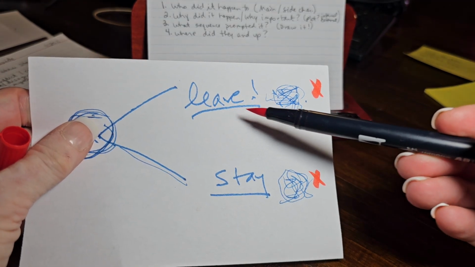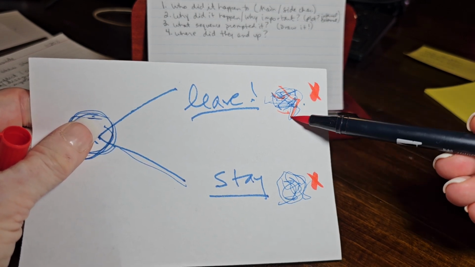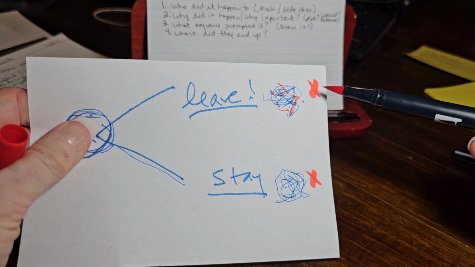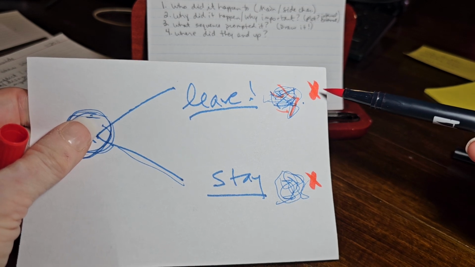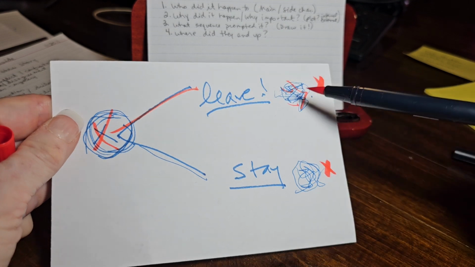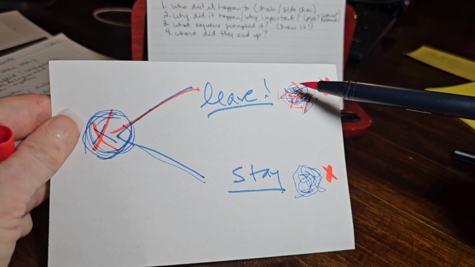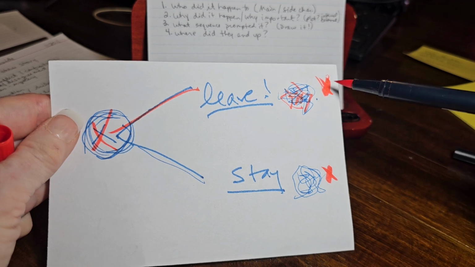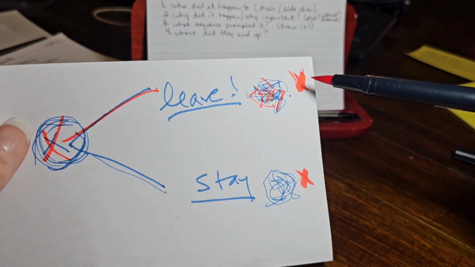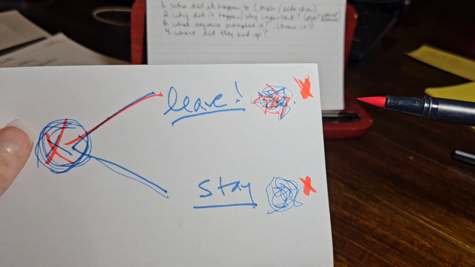If they leave, maybe they go through a series where they end up confiding in an old friend. So the X event happens, they leave, they go to confide in that trusted long-term friend, and as a result, that friend gives them advice that leads them to their next action. Boom, now you've got a way through the scene.